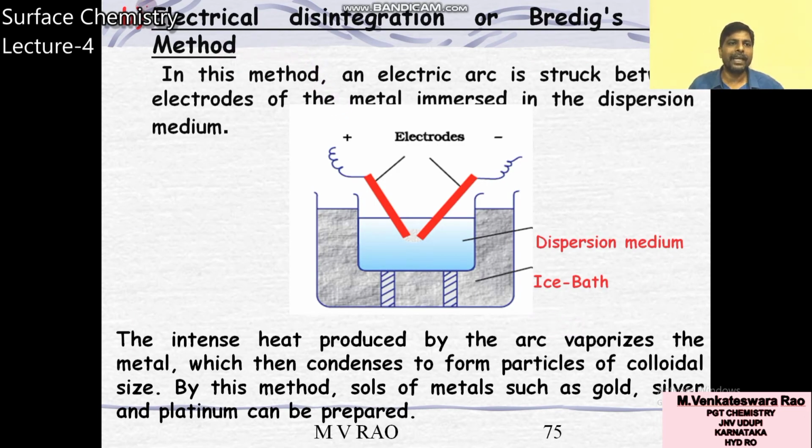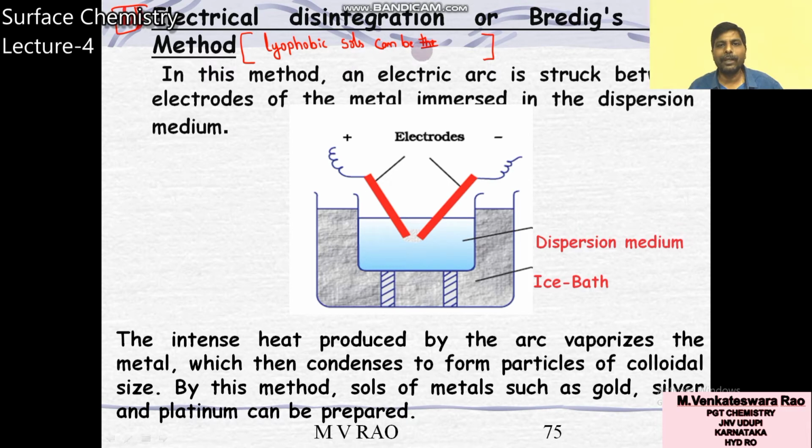Now second category, B, electrical disintegration method or Bredig's arc method. This is a special method. In the last class I told you lyophobic sols can be prepared by special methods.